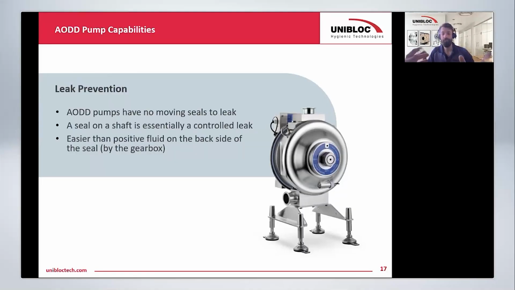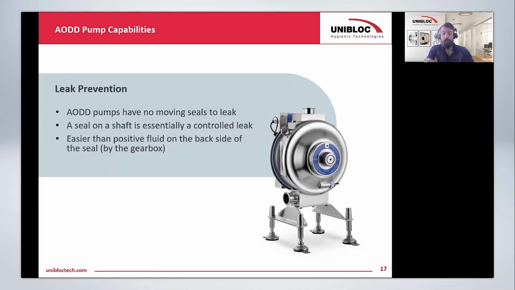So it was a Hastelloy pump, exotic material that was resistant to it. We had the 2 sets, so the backup diaphragms to prevent any leak. It had auto shut off on it, and it was small enough to fit into the space that they had. And so that was a big reason why they went with the AODD instead of a different style of pump.